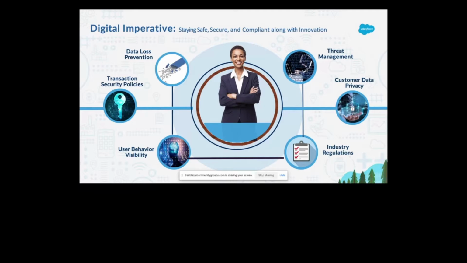So look at it as a customer or a company, and see what elements you can focus on. As a security officer in an enterprise company, I would like to focus on data loss prevention, and what else I can implement through transaction security policies and user behavior visibility.